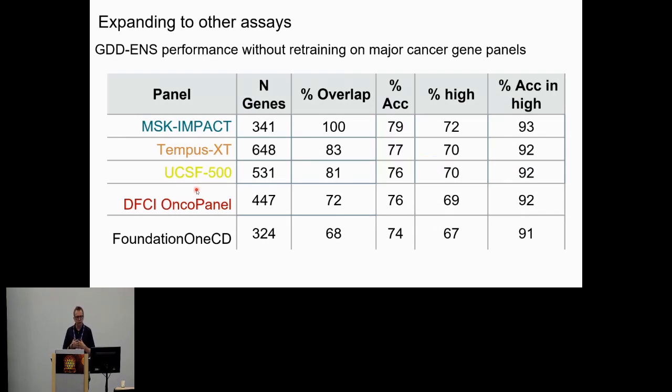The good news is, if you just take the overlapping features out of the box with GDENS, and you assume that none of the other genes from these other panels have been observed, and you rerun it on our cohort, you maintain a very high accuracy in classification, all the way down to just 68% overlap in the genes that we see. And you still have a large proportion of high confidence patients, with a high degree of accuracy in those high confidence patients.